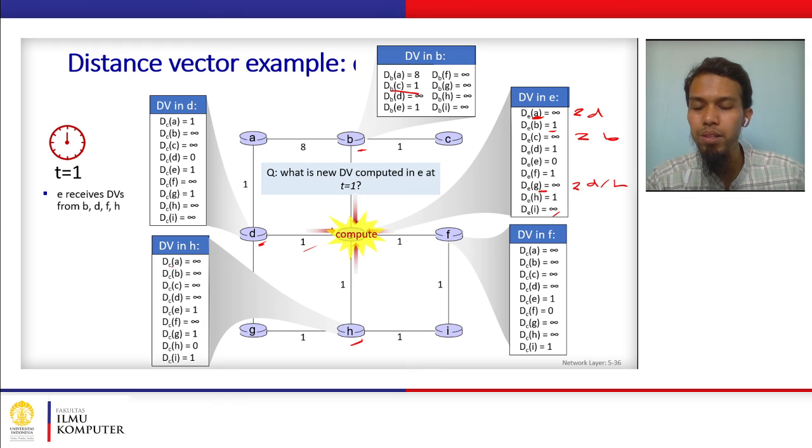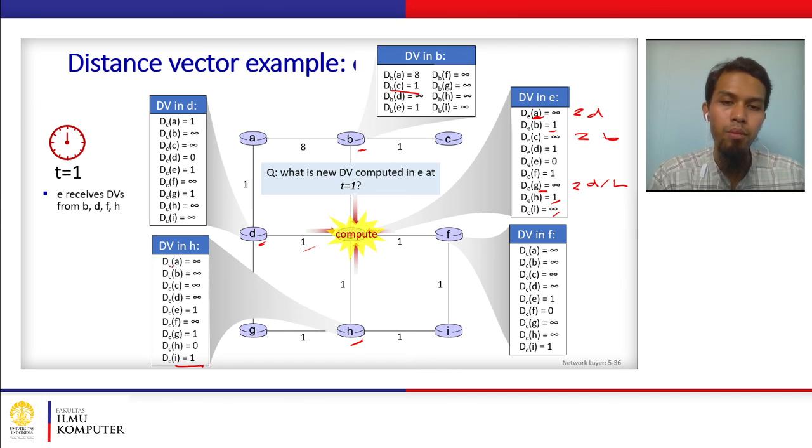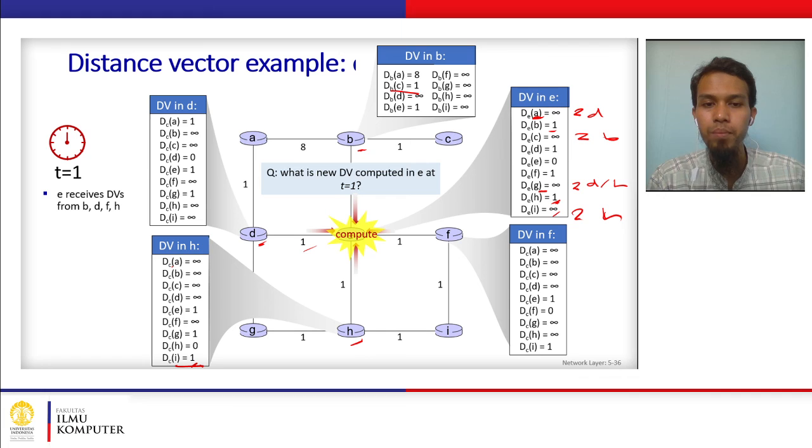So H to I equals 1, and the cost path from E to H is 1. So the new cost path from E to I equals 1 plus 1, just 2, and we go through H.